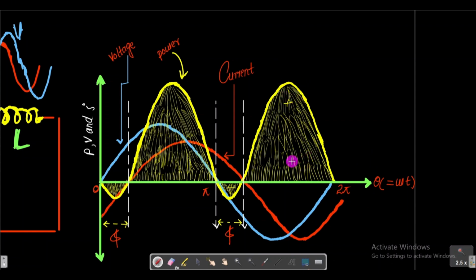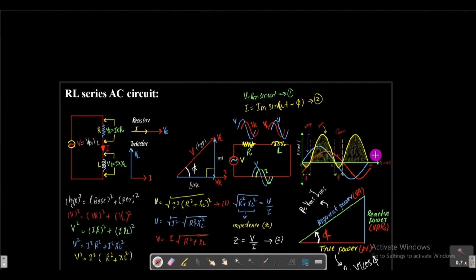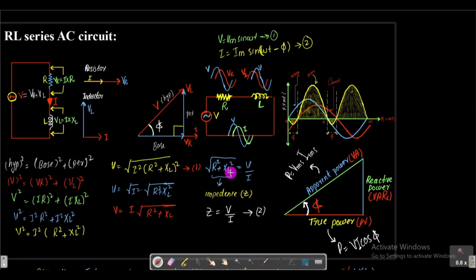So from here we conclude that in the RL circuit more power will be delivered to the components of the circuit, and less power will be given back by the component of the circuit to the source. So the resultant power is actually the power dissipated in the components of the circuit. And this was the explanation about the RL series circuit.